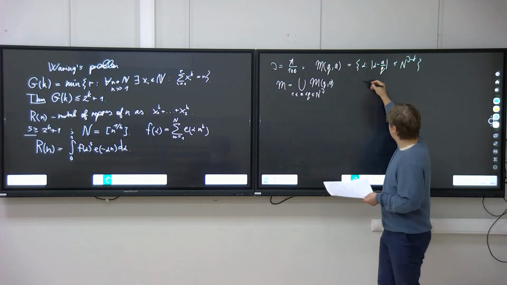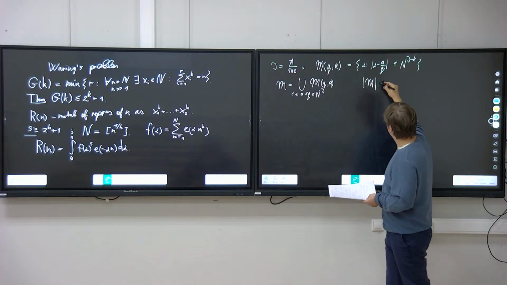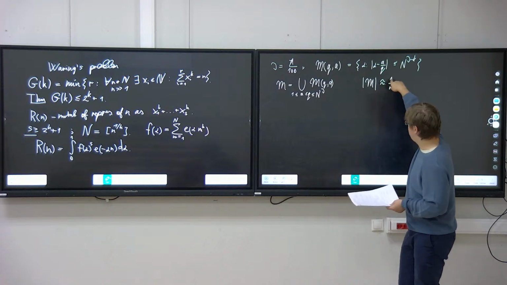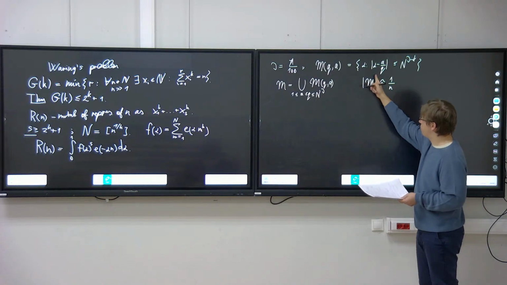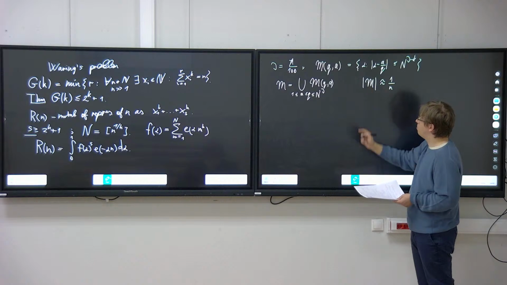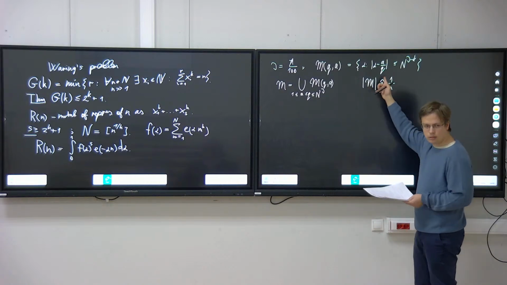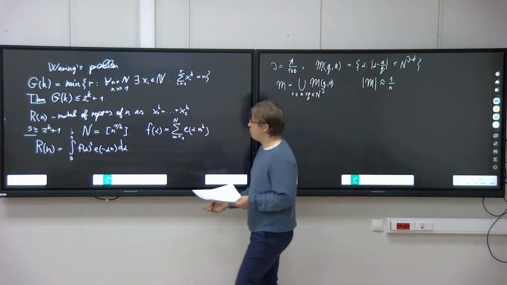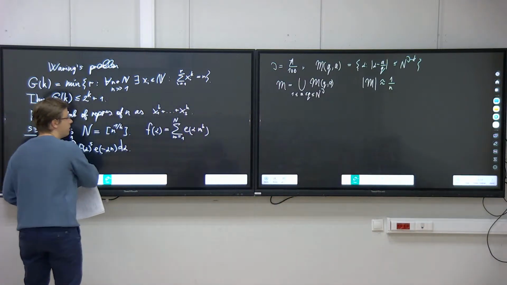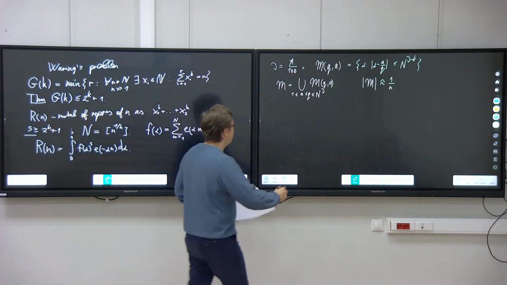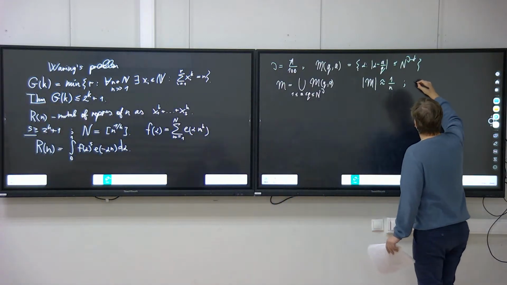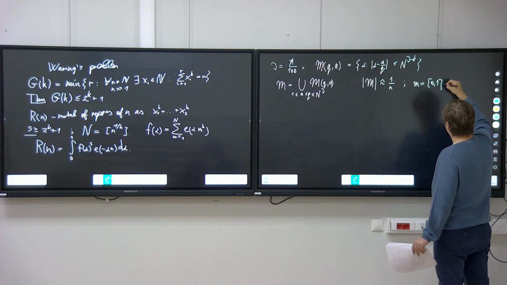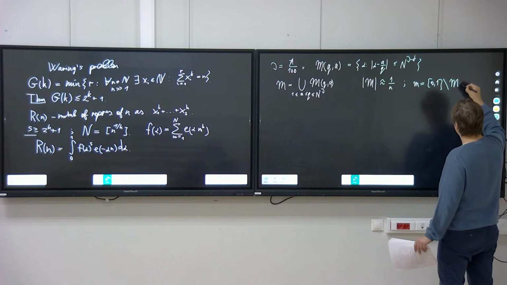Yes, and I told you that we estimated it. The measure of this major arcs is relatively small, yes, but the main term will come from the integral over the major arcs, and the minor arcs is just, yes, it's just the rest.